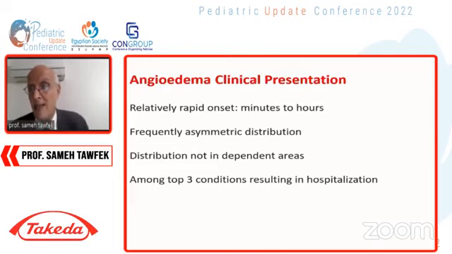It is not like heart failure, or like renal failure presenting in the eyes, or heart failure presenting in the legs. No, distribution is not in the dependent area, as you will see soon. It is one of the top 3 conditions resulting in hospitalization.